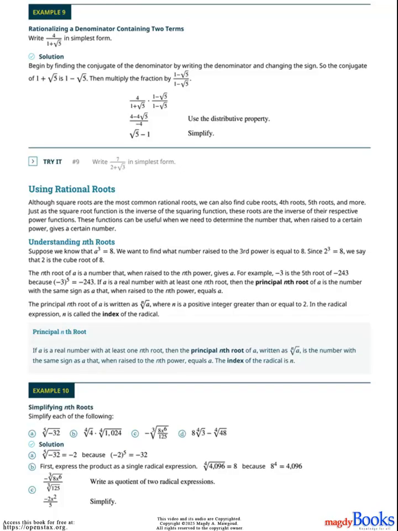Negative cube root of 8x to the power of 6 over cube root of 125 equals negative cube root of 8x to the power of 6 over cube root of 125. Write as a quotient of two radical expressions. Equals negative 2x squared over 5.